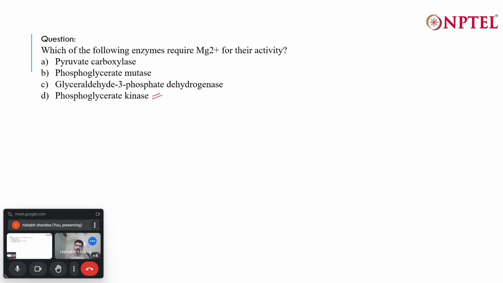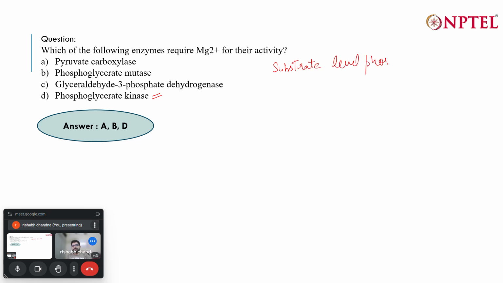Okay, so the correct answer is option A, B, and D. Okay, so all the enzymes that work for substrate level phosphorylation, they actually require Mg2+. Okay, or the reactions that require ATP, either formation of ATP or utilization of ATP, those reactions also require Mg2+.